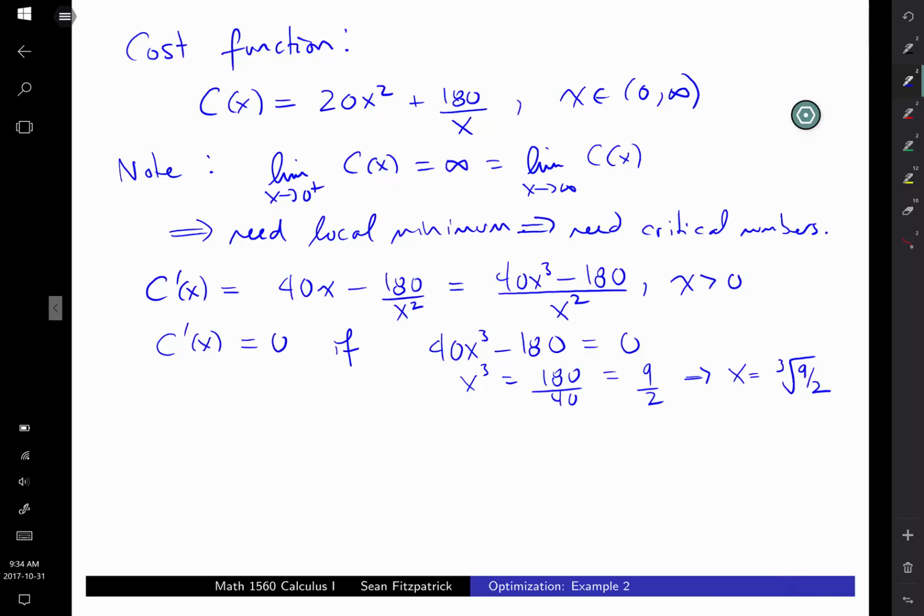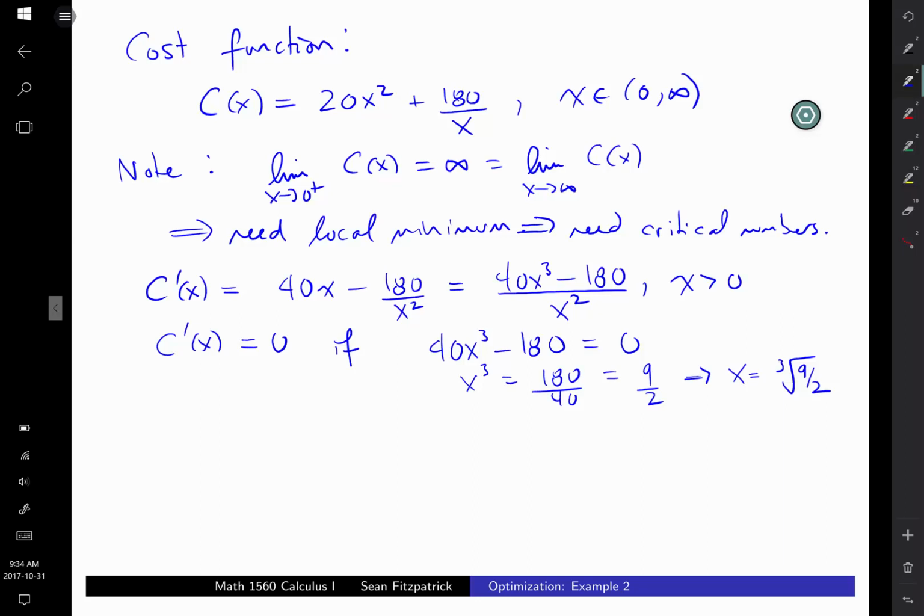So we could look for an approximation on that value, but if we were actually going to try to solve this problem practically, we would want to get an approximate value here so that we could roughly estimate what x should be and then get the remaining variables. Okay, so x should be the cube root of 9 over 2.